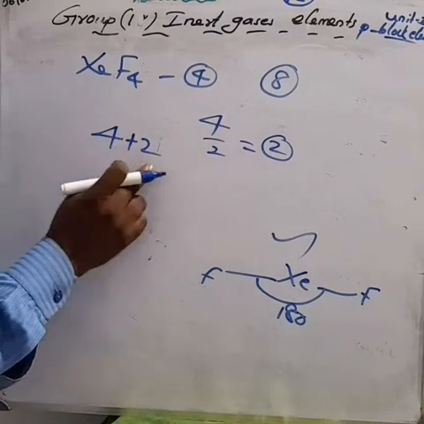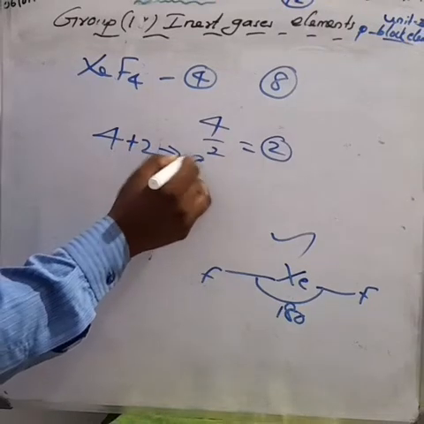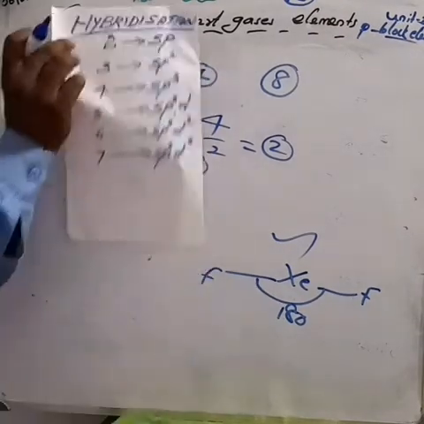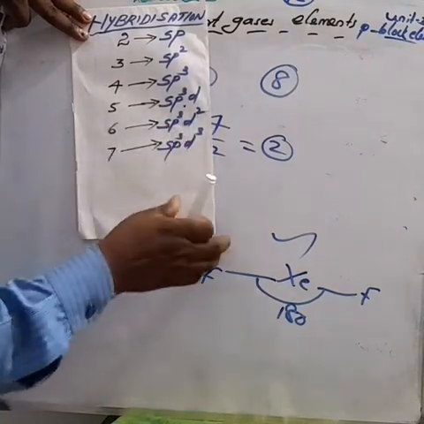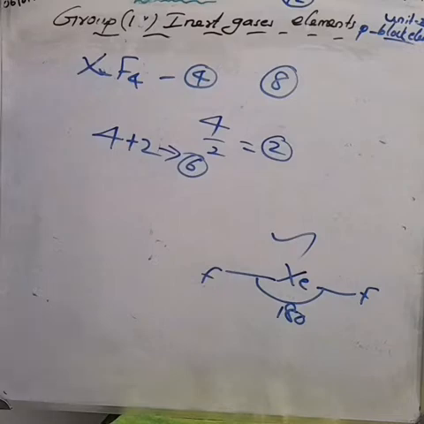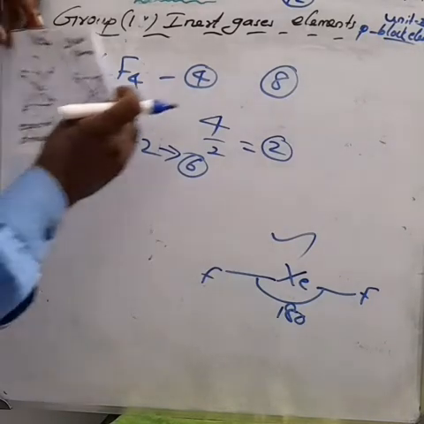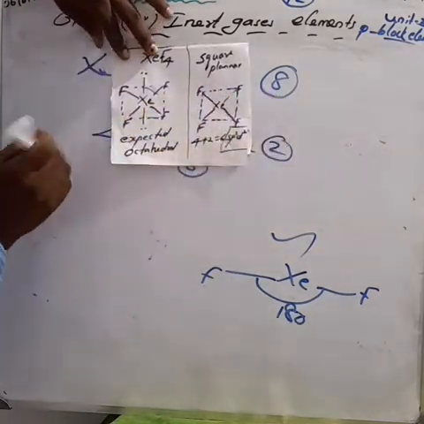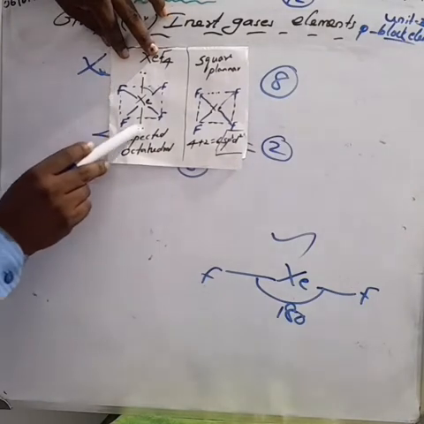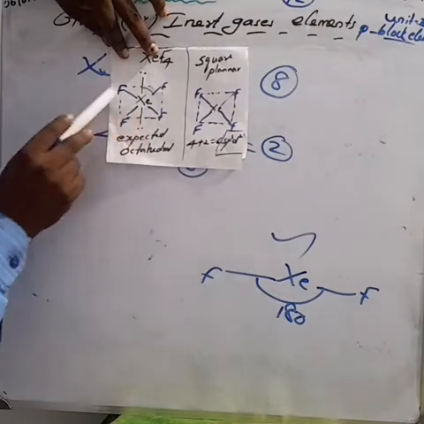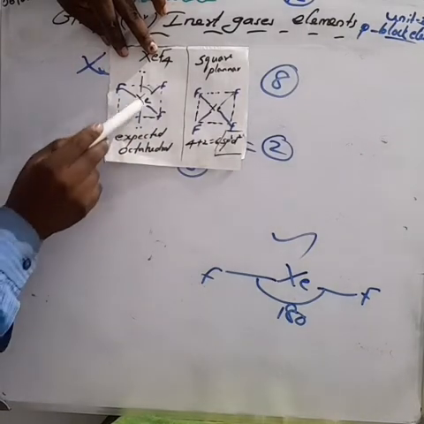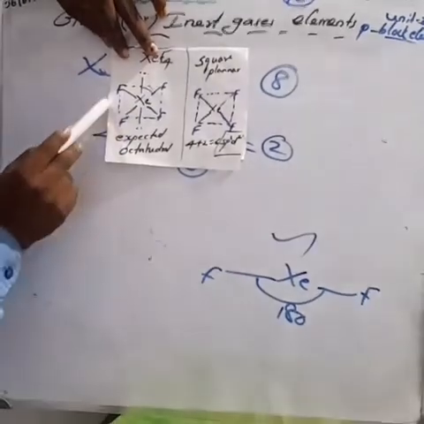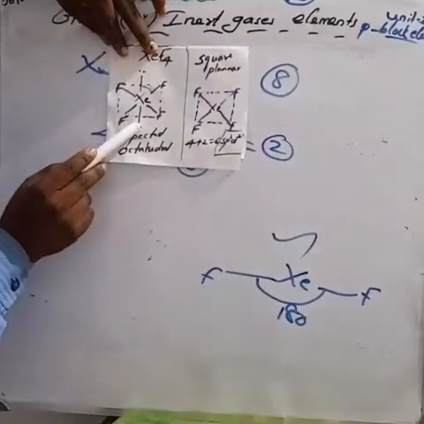Xenon now has bond pairs 4 and lone pairs 2. 4 plus 2 is equal to 6. So 6 means sp3d2 hybridization. If you consider the lone pairs of electrons, it is octahedral. We draw xenon with 4 fluorine atoms surrounding it, 1, 2, 3, 4, and join them, with 2 lone pairs of electrons, one here and one on the other side.